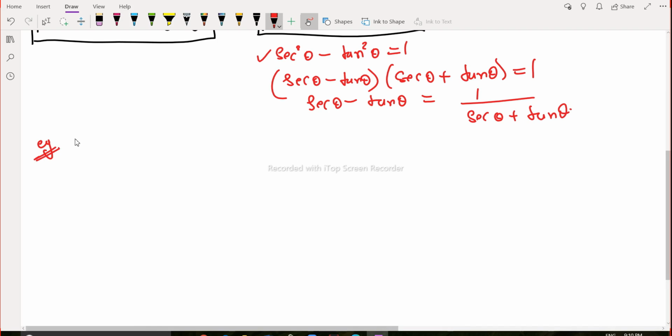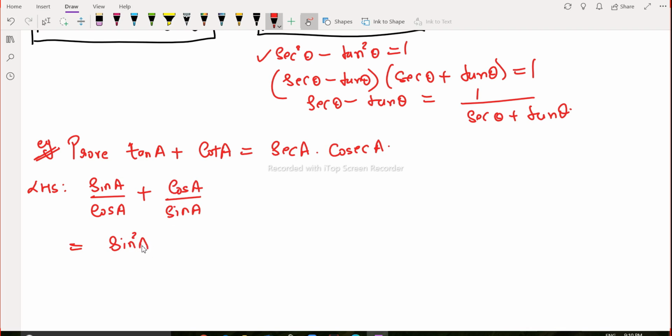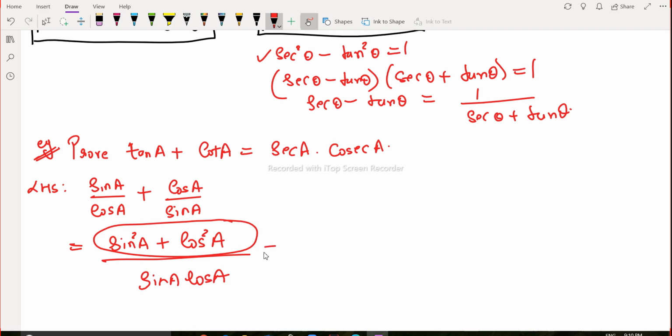Let's say you have the question: prove tan of A plus cot of A is equal to sec A into cosec A. I'll take the left hand side, and tan I can write as sine A upon cos A, cot I can write as cos A upon sine A. I can take the LCM, so I'll get sine square A plus cos square A upon sine A cos A. Sine square plus cos square we know is 1, so I can write this as 1 upon sine A cos A.